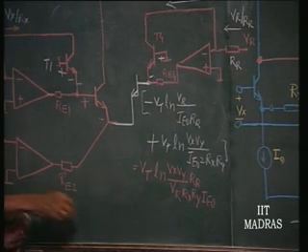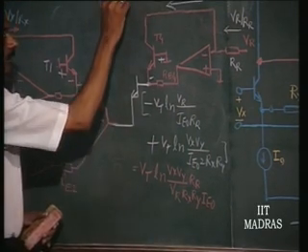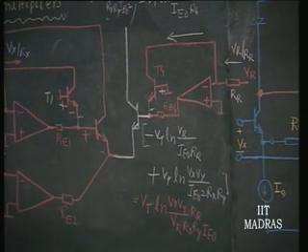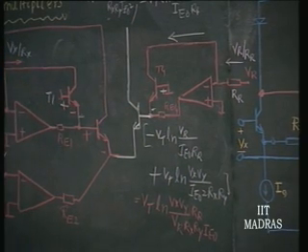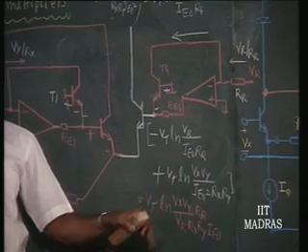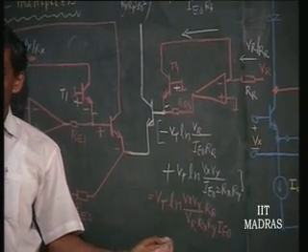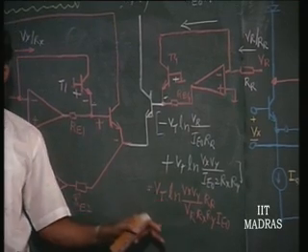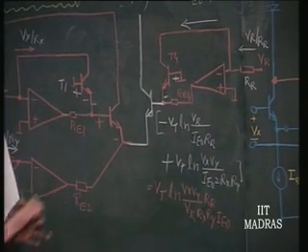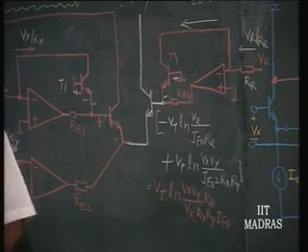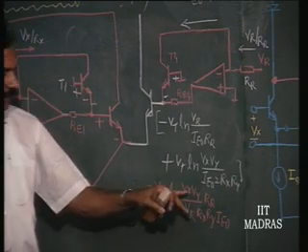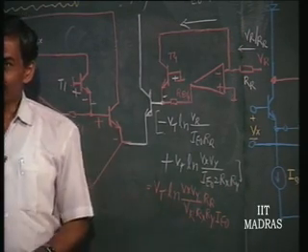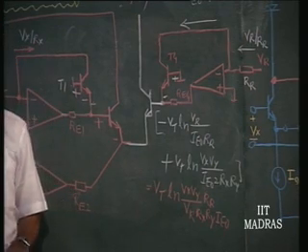And what will be the collector current then? If that is the voltage that is applied, what will be the collector current? Exponent of this voltage divided by V_T. V_T will get cancelled, exponential of log of that. So you will get V_x V_y R_r, V_r R_x R_y, I_E0 gets cancelled, right.